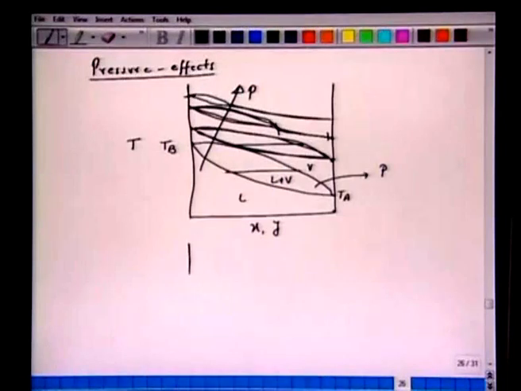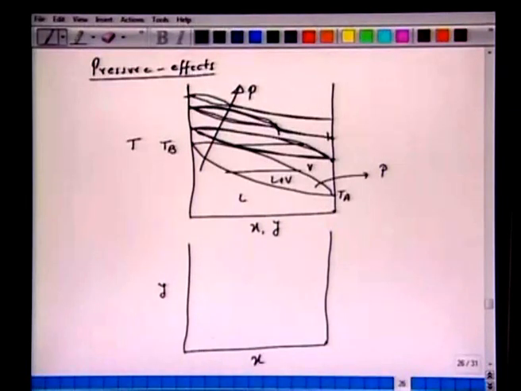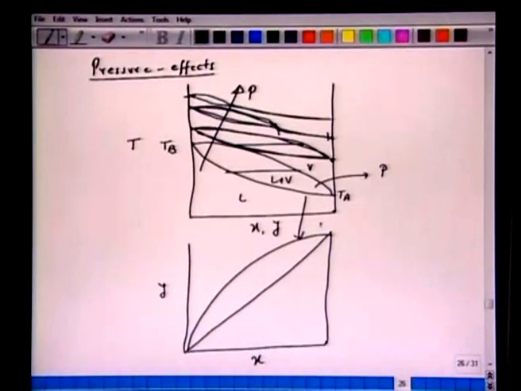Corresponding to this Txy diagram, if you plot Y versus X underneath this, again qualitatively you should be able to judge that if this is the curve for the lower pressure, and then if you increase the pressure, this will become flatter and flatter. It will approach this 45-degree line, till you have situations like this where there is no liquid and vapor separation.